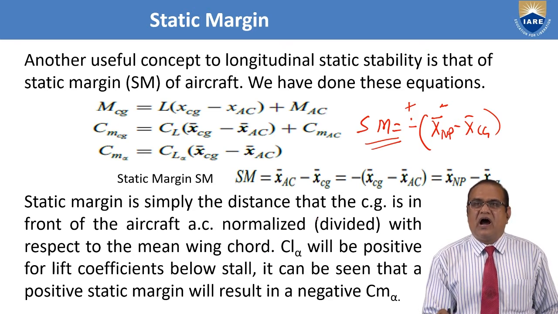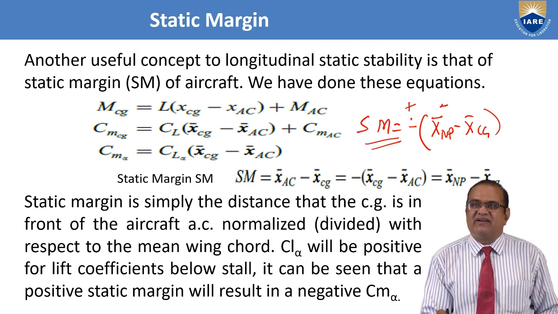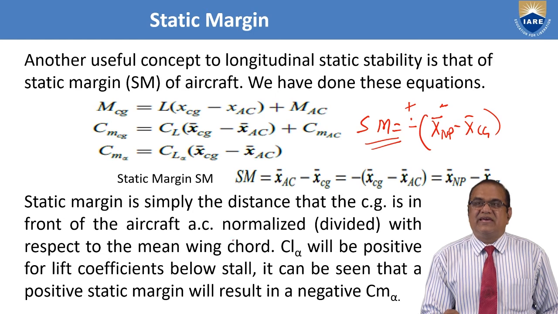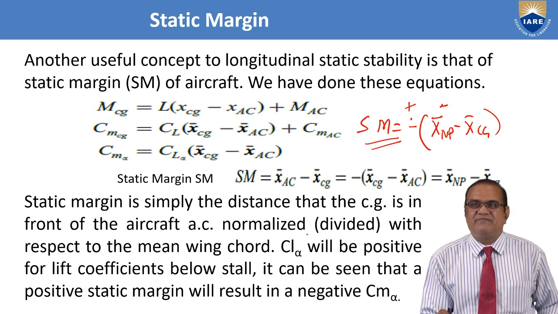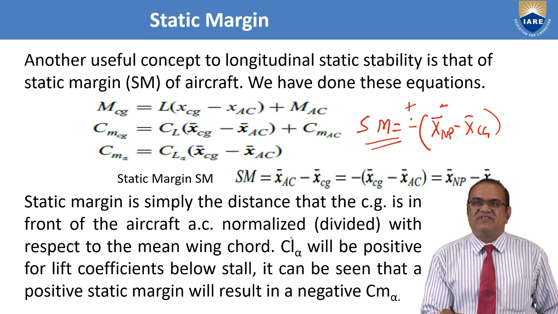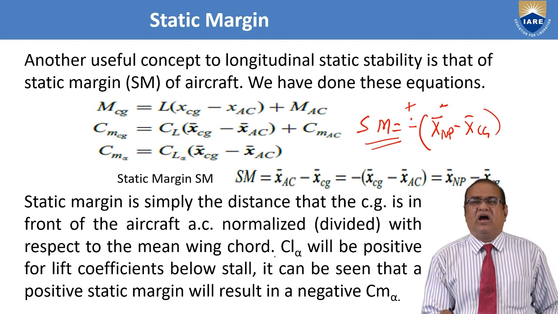How much the CG is ahead of the AC, the neutral point: that is the static margin with respect to the mean wing chord.